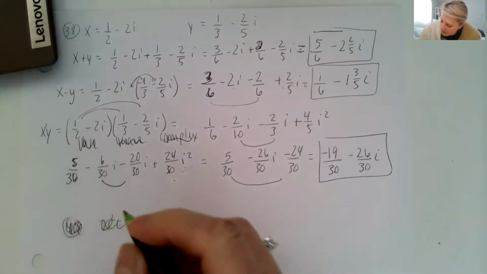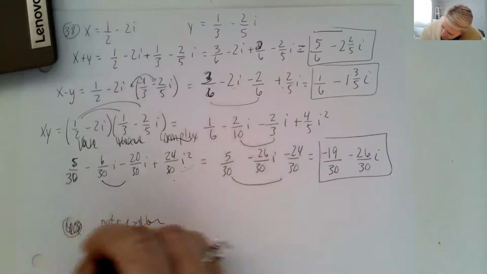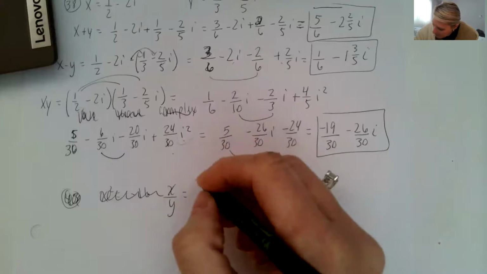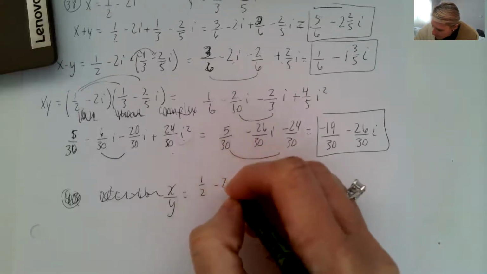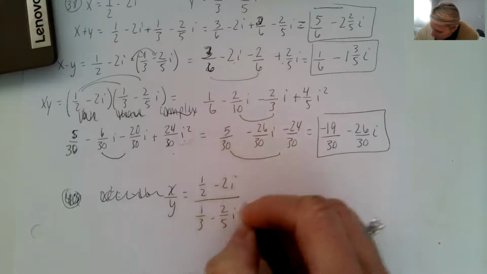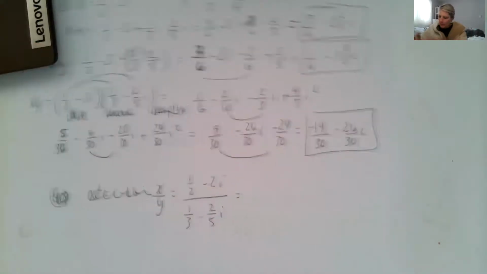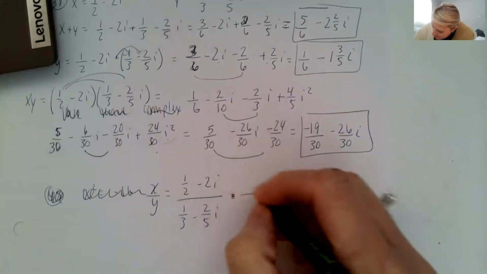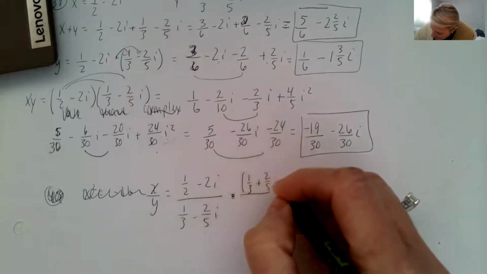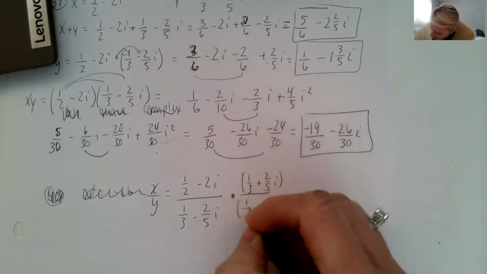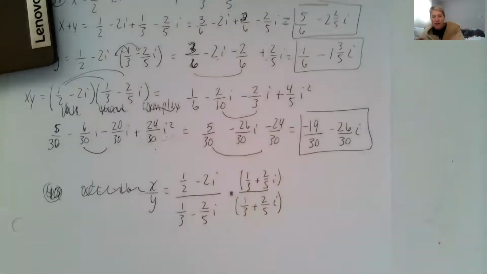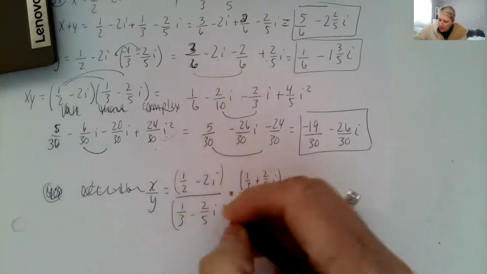And we have x divided by y. X divided by y. So we have x, which is 1/2 minus 2i over 1/3 minus 2/5 i. You have to multiply by the conjugate. So 1/3 plus 2/5 i over 1/3 plus 2/5 i. And now we can multiply them.